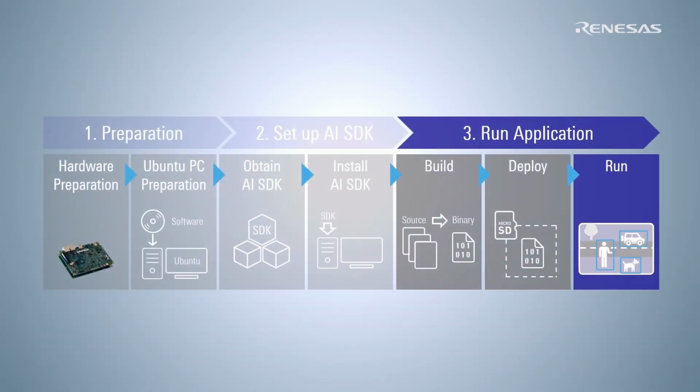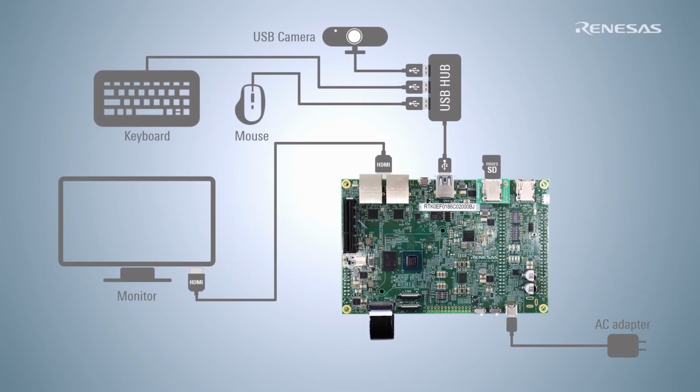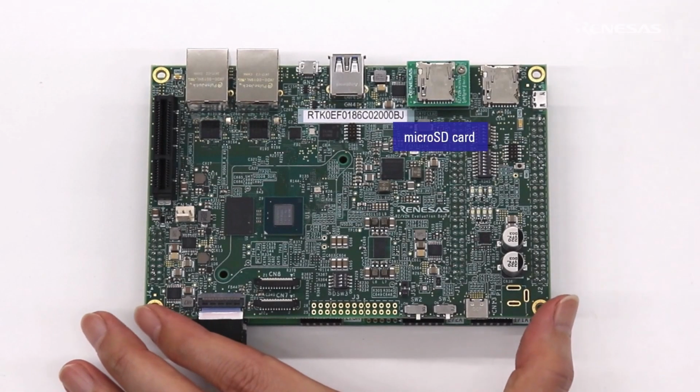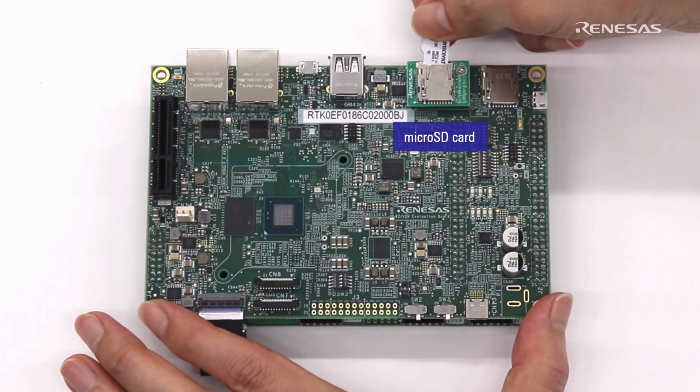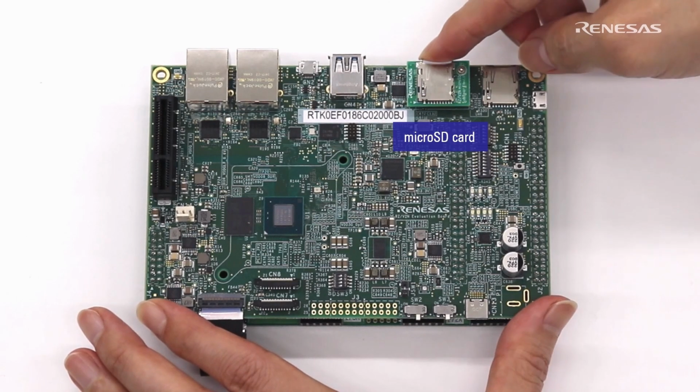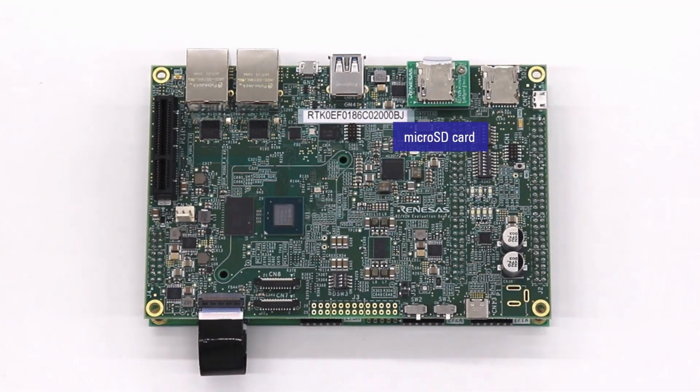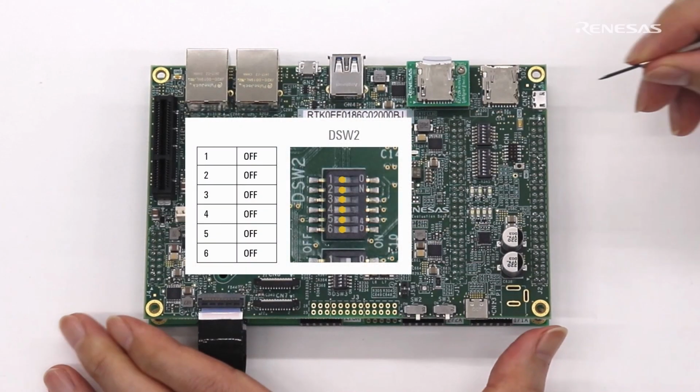Now let's run the application. First, we will connect the board and all other equipment. Insert the micro SD card to the board. Change the switch configuration.